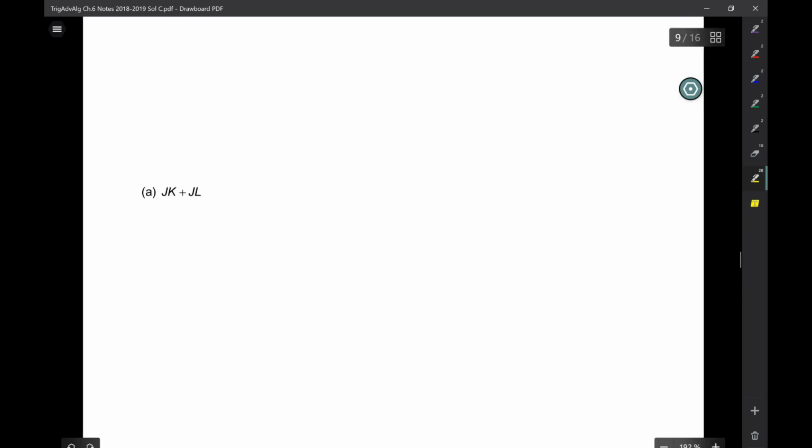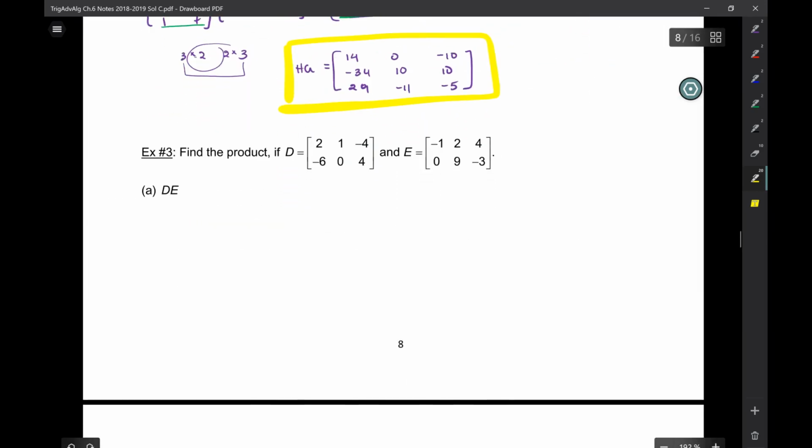Okay. So why don't we do DE? What are the dimensions of D? 2 by 3, and then E is 2 by 3, so not possible. You can't do it if the middle numbers were not the same.